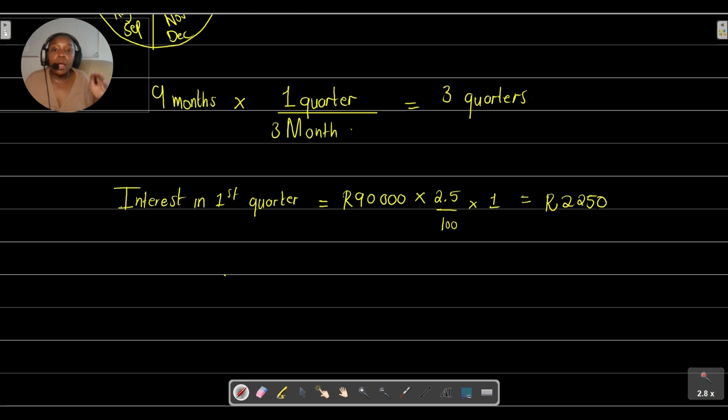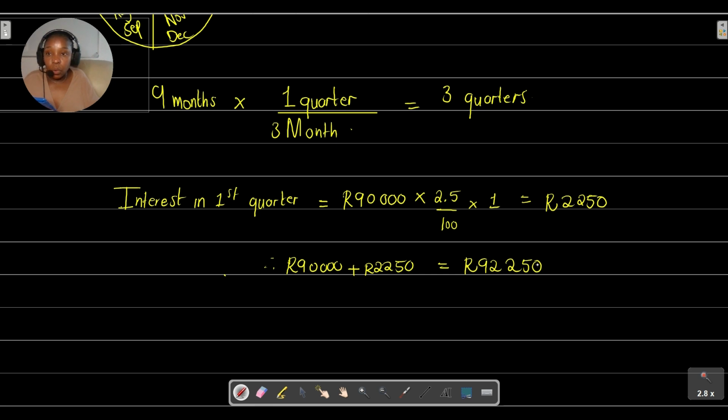Now remember, because we are dealing with compound interest, interest is calculated on the accumulated amount. So before we can calculate the interest that he'll be charged in the second quarter, we take that 90,000 plus 2,250, and you'll get that he now owes 92,250.